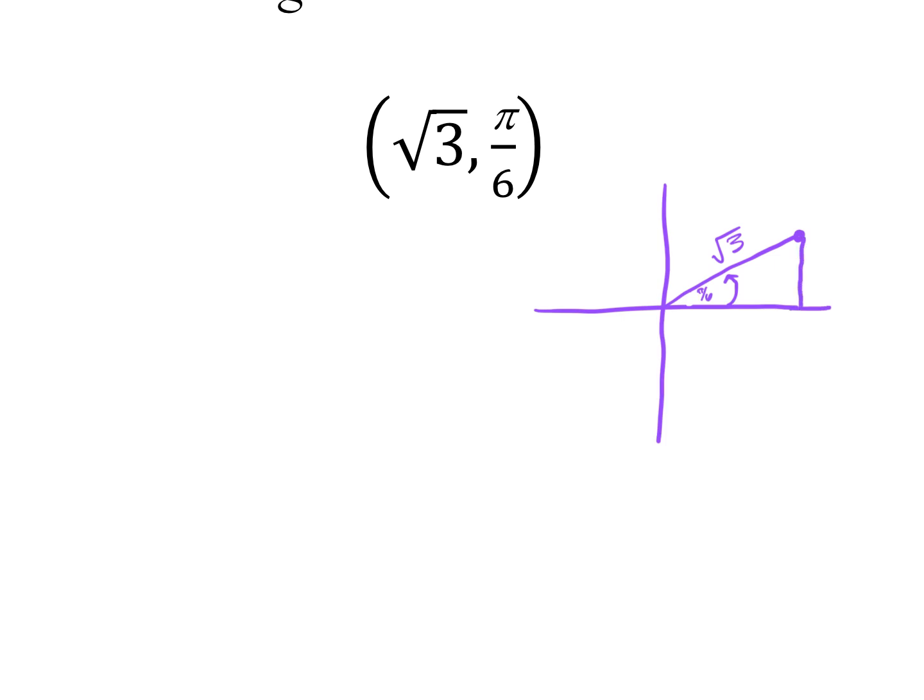So one way we could think through this is essentially, this is x, this is y. We could use sine, cosine, and tangent, or sine and cosine to find them, right? Like, we could say the sine of pi over 6 is equal to y over square root 3. If we needed to. Like, you could draw this out.